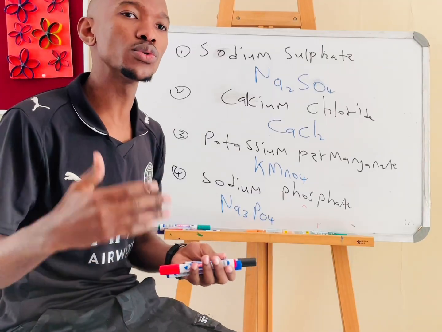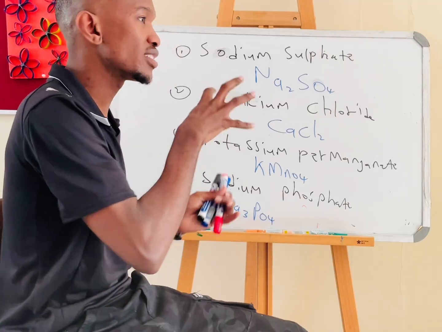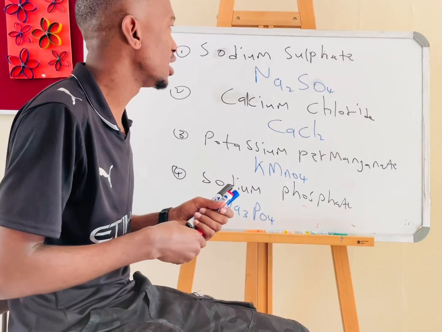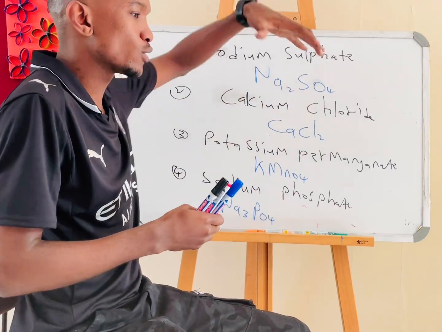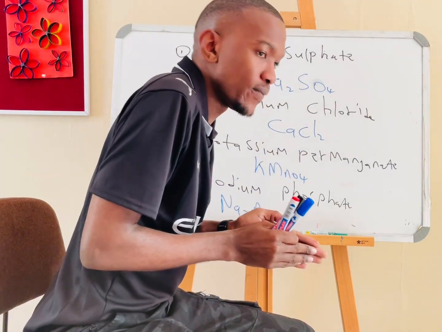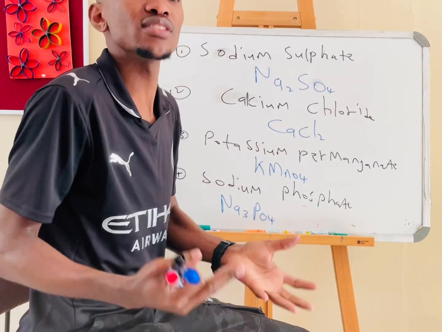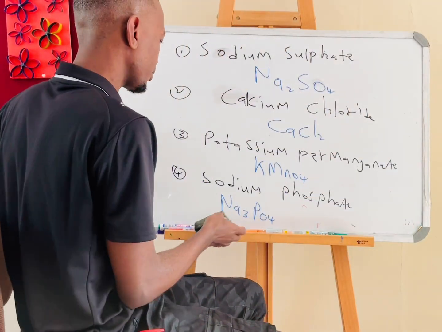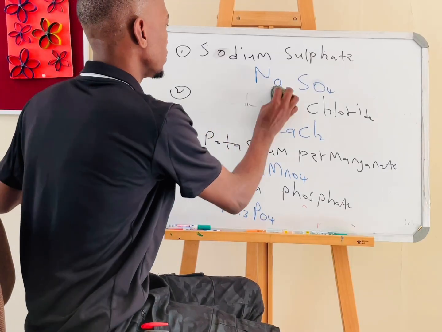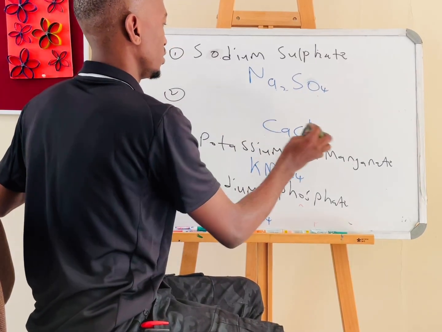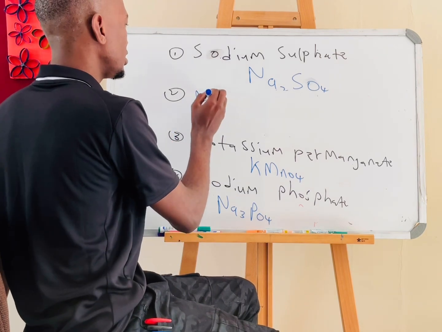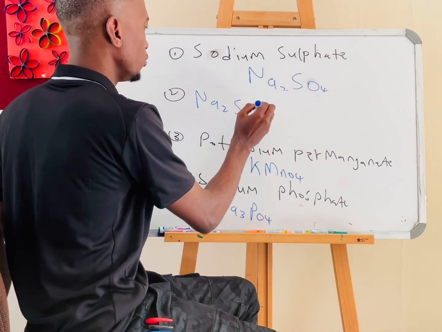Now we need to do the chemical equation when these guys dissolve in water and produce ions. So basically what we need to see is that if I take this substance and I dissolve it in water, what are the possible ions I'm gonna get? Now check out. This one is gonna be Na2SO4.